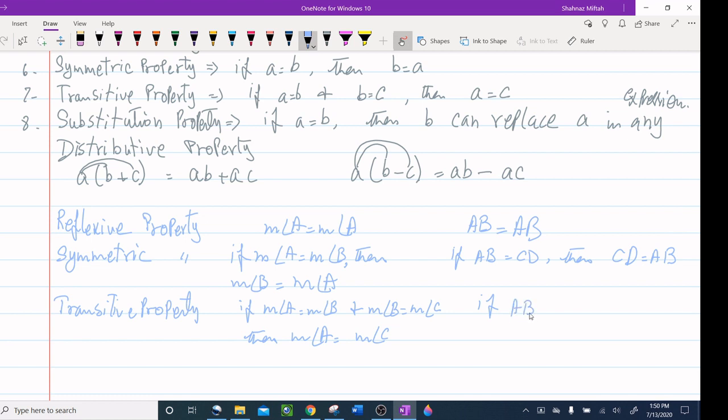If AB is equal to CD and CD is equal to EF, then AB is equal to EF. Again, the CD's cancel. So these are my properties, and now let's do the examples.